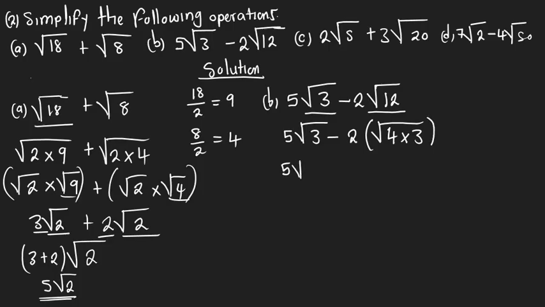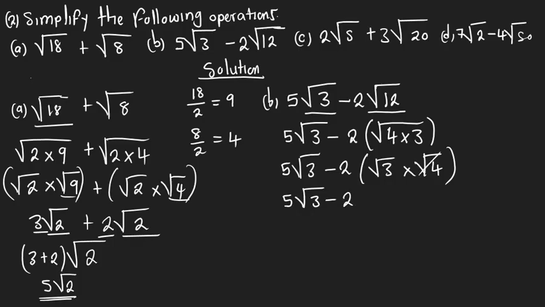Then we can have square root of 3 multiplied by square root of 4. Then we are going to have 5 square root of 3 minus, then we are going to have a 2 here when we find the square root of 4. Then this same 2 multiplied by this 2.